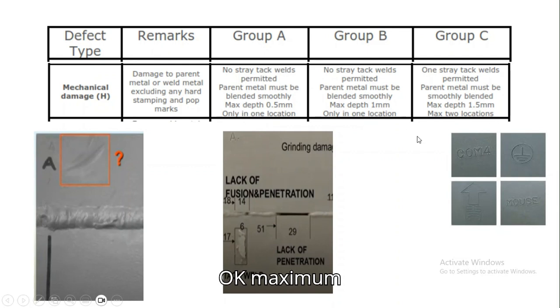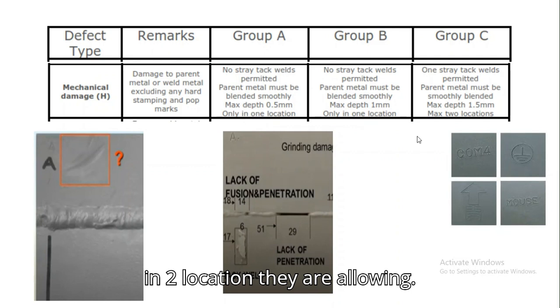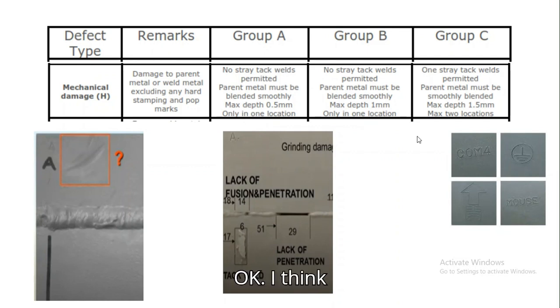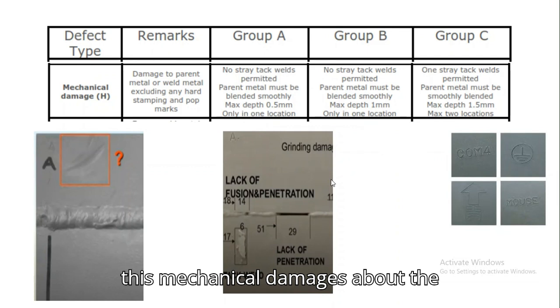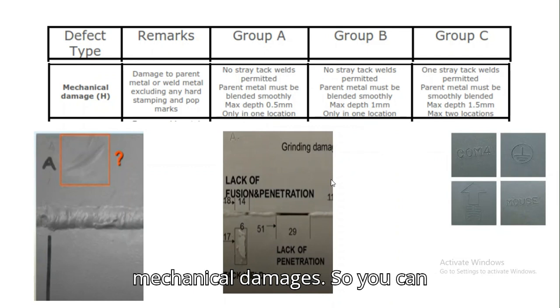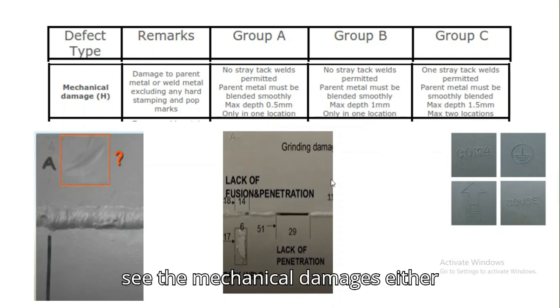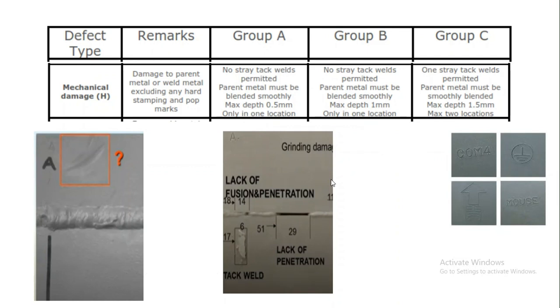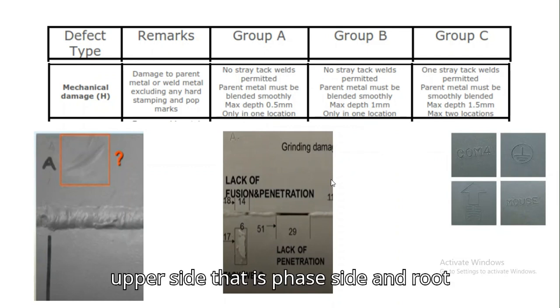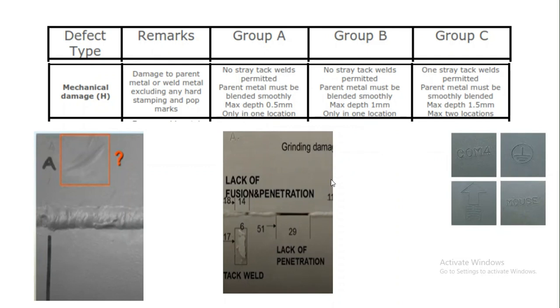Maximum in two locations they are allowing. I think you understood about the mechanical damages. You can see mechanical damages either on the upper side, that is the face side, or the root side.